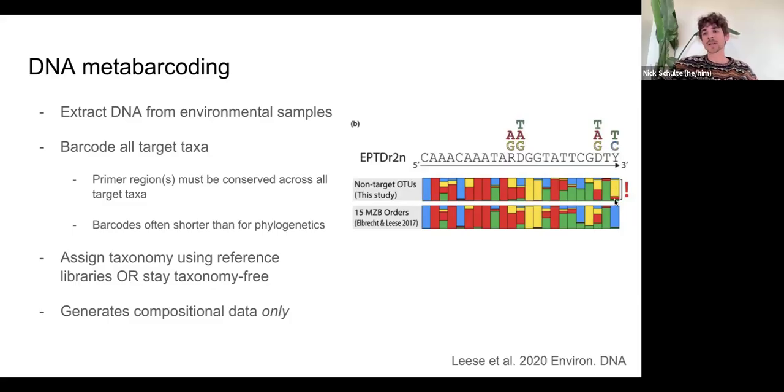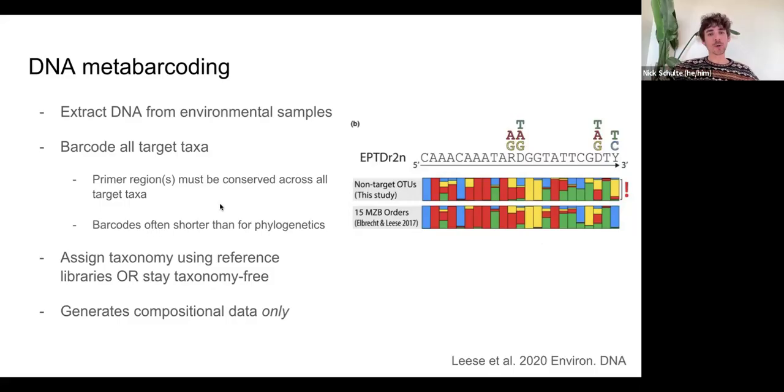Most of the non-targets don't have a C there. So it's not going to amplify the non-targets. It's just going to amplify our diatoms or our insects or whatever you're really focused on. And this way, we're not amplifying a bunch of bacteria. We're only amplifying the diatoms or whatever your target is.